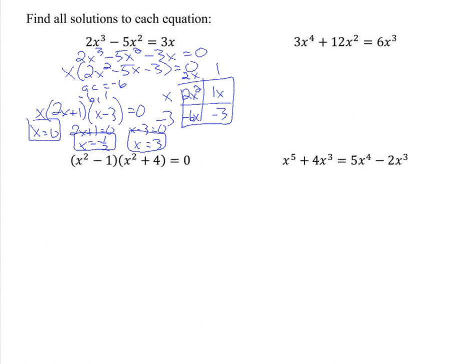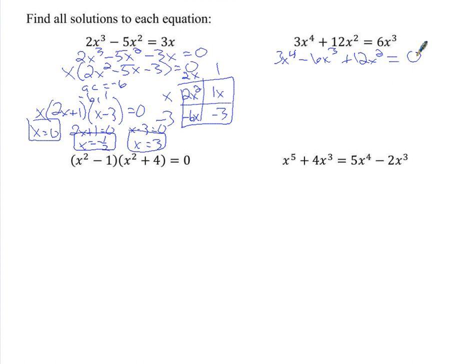Second one, what should we do? Basically the same thing. So get everything on one side, write them in descending order. 3x to the fourth minus 6x to the third plus 12x squared equals 0. Now what? Okay, GCF here is what?